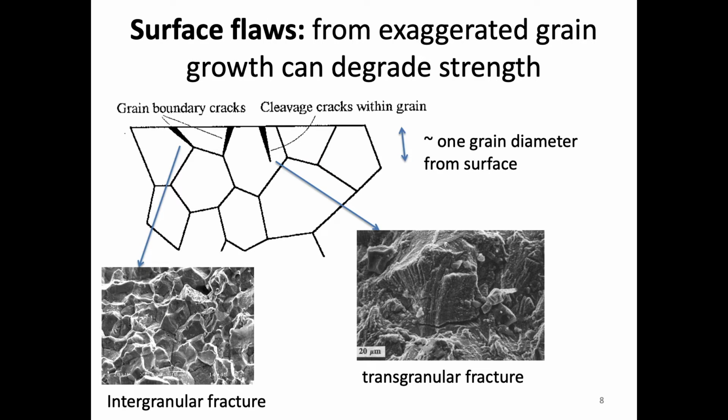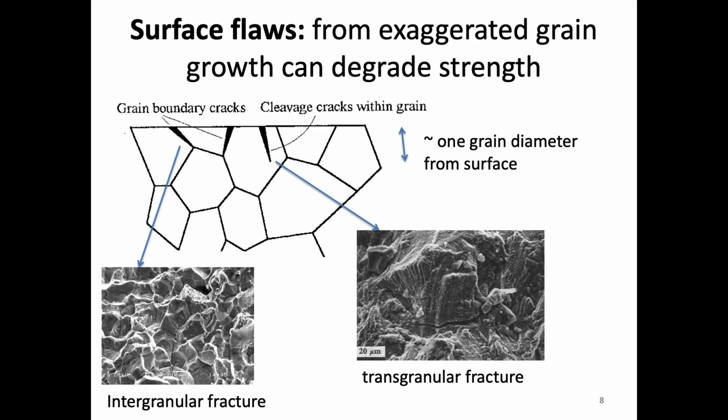All right, so this is also a big one: surface flaws. One thing we have to consider here is the grain size. On the surface, it's very easy to have flaws.